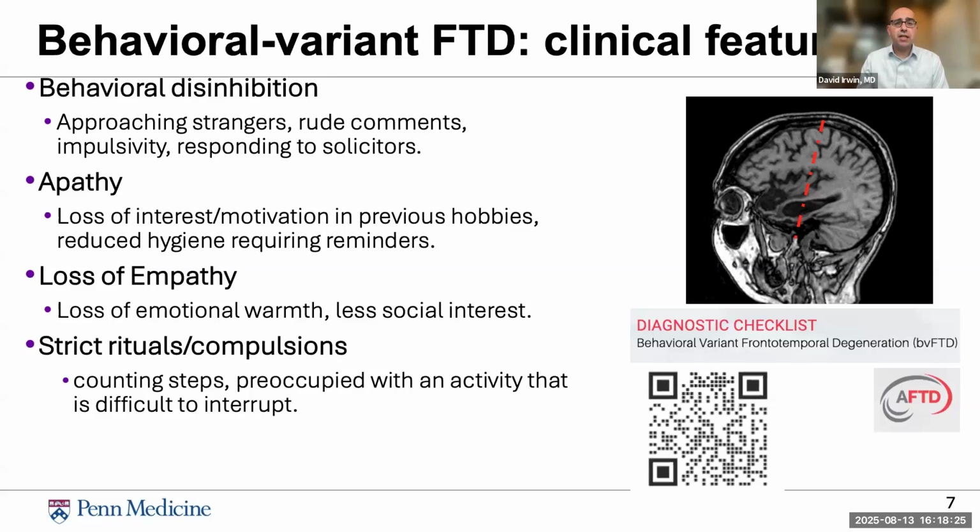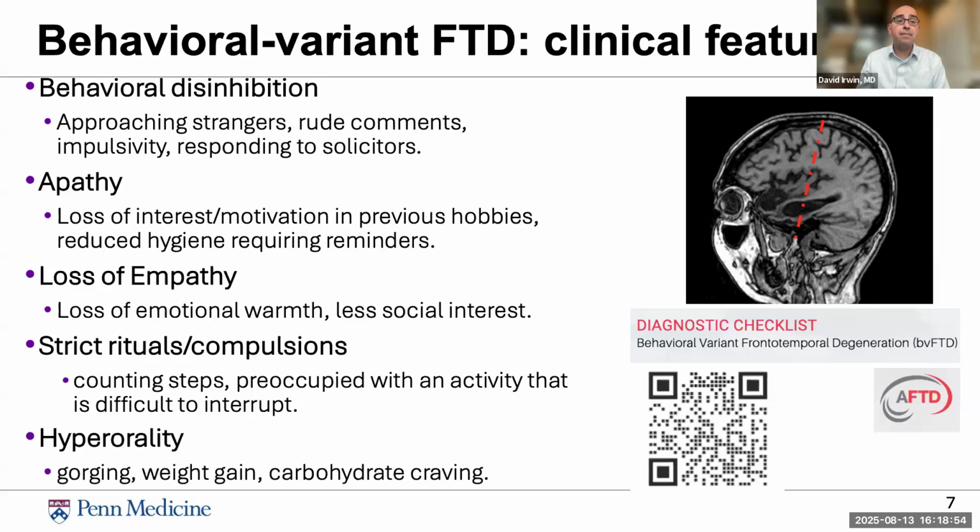There can be ritualistic or compulsive repetitive behaviors. This could include complex behaviors such as being preoccupied with an activity that's difficult to interrupt, such as counting steps, reading signs aloud while driving in the car, or cutting out pieces of newspaper and collecting them, for example, or simpler motor rituals like tapping, rubbing, whistling, things that are very repetitive.